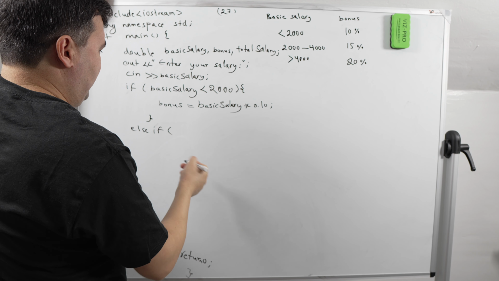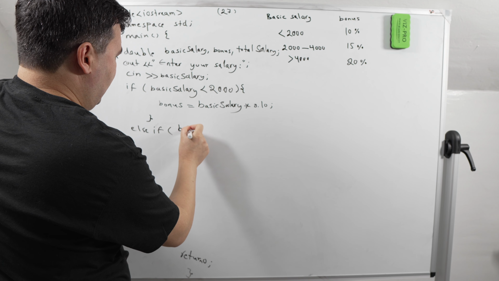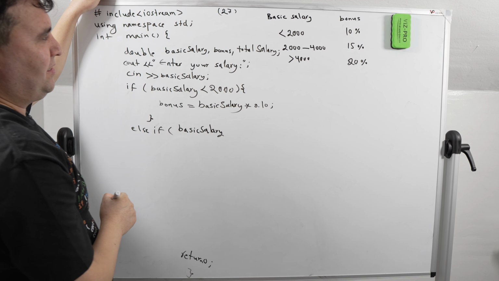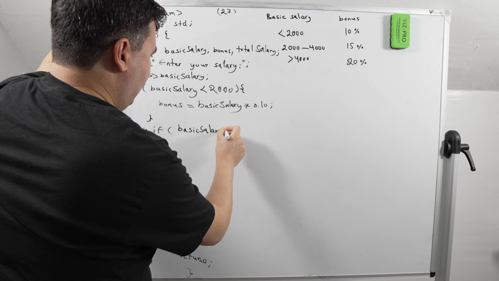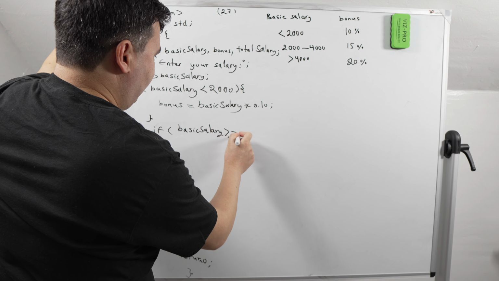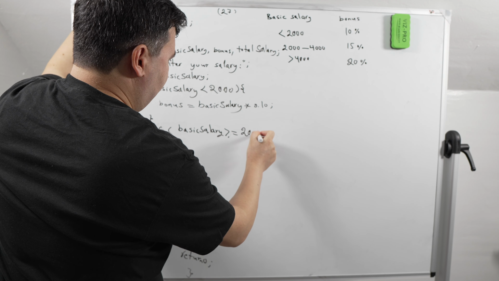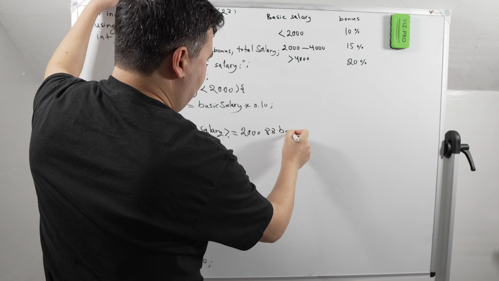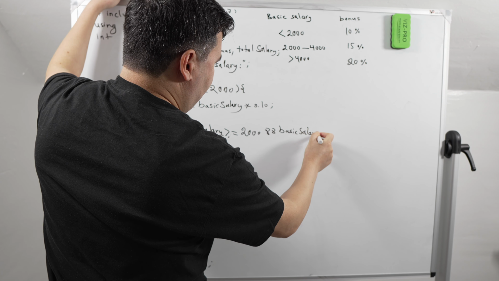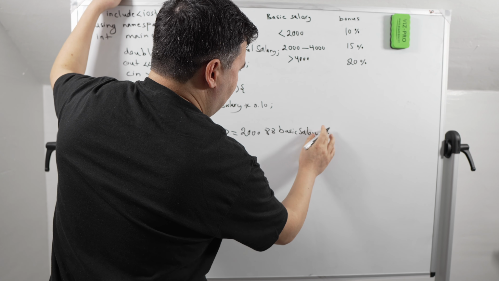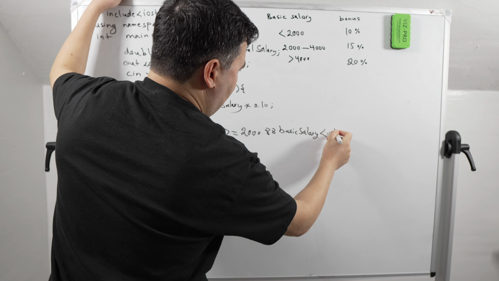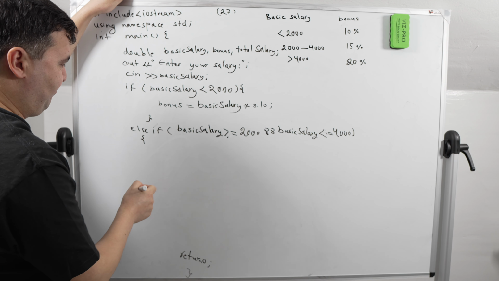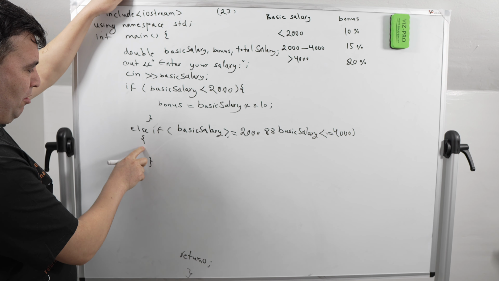If you want to check two conditions, we can write: if basic salary is larger than or equal to 2000, and basic salary is less than or equal to 4000, then we open the else if block and close the else if block.